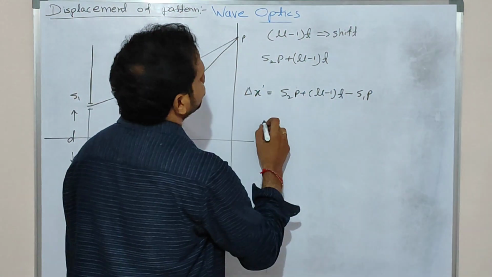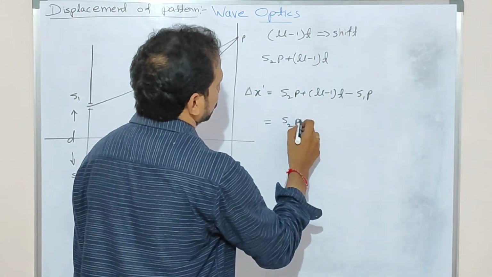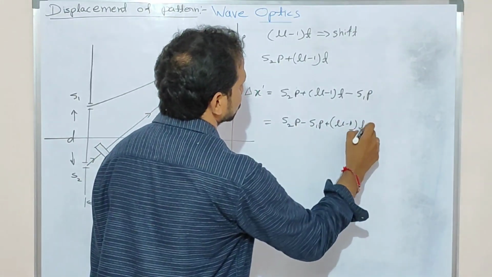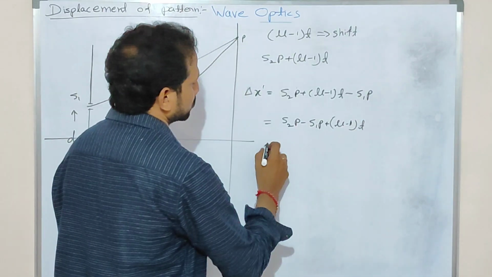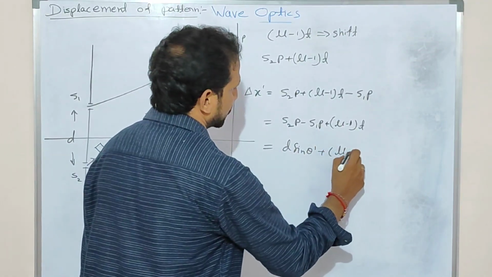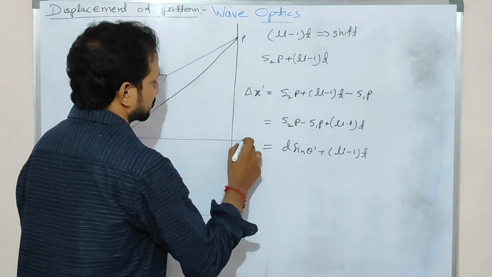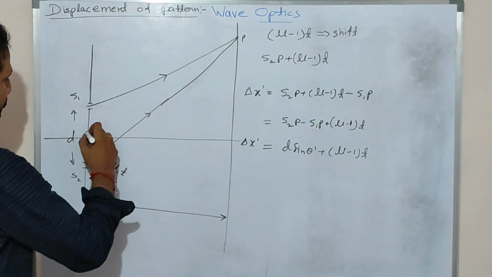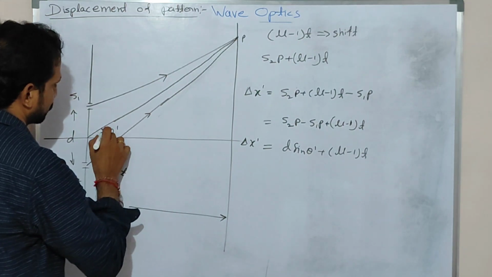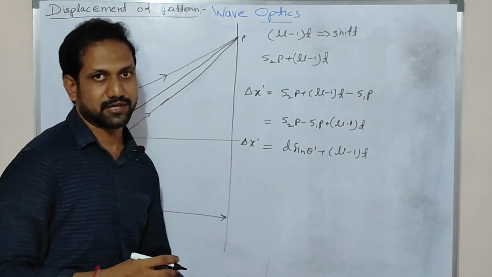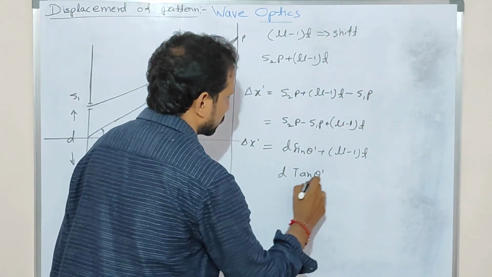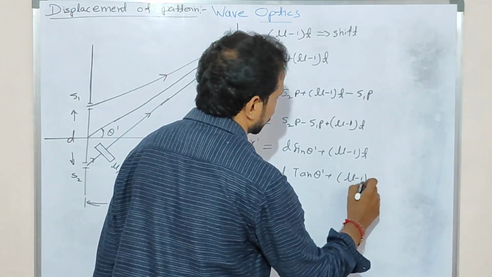And this del x prime we can say is S2P minus S1P plus mu minus 1 into t. This is going to be d sine theta prime plus mu minus 1 into t. This is the del x prime. So let us consider this diagram over here. This is theta prime, and taking sine theta as tan theta, d tan theta prime plus mu minus 1 into t.